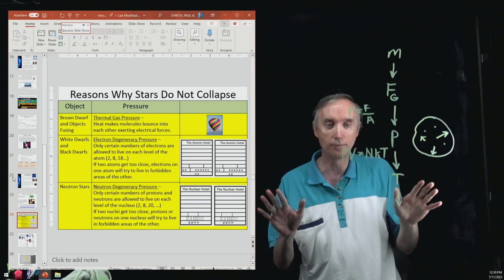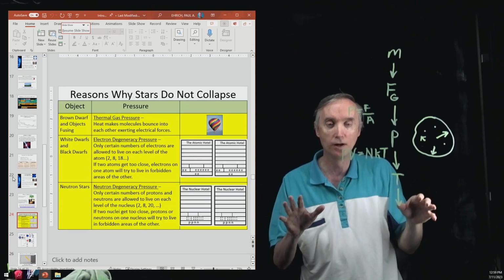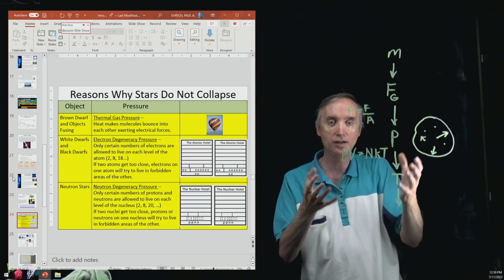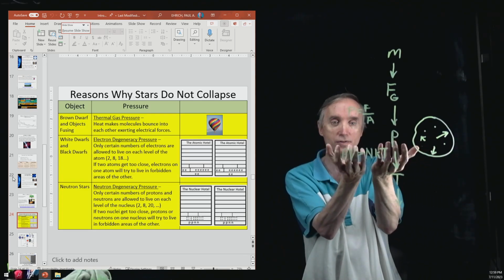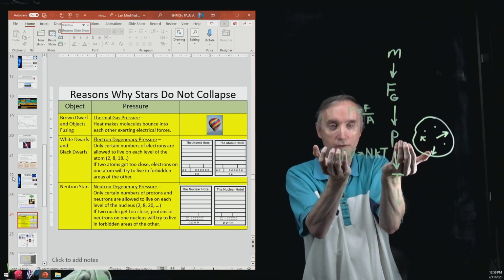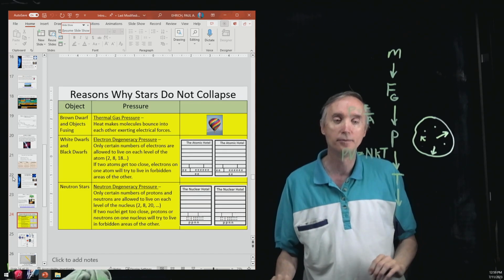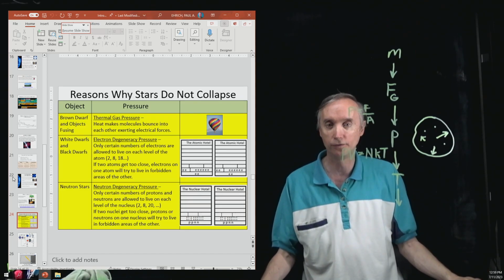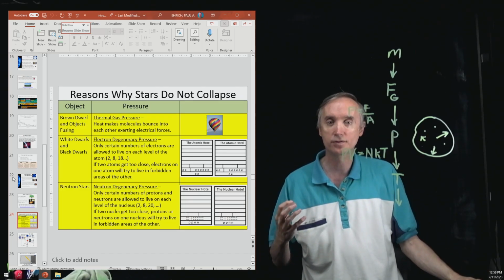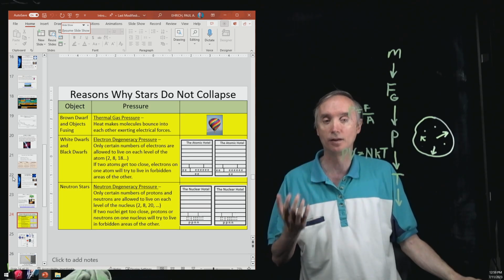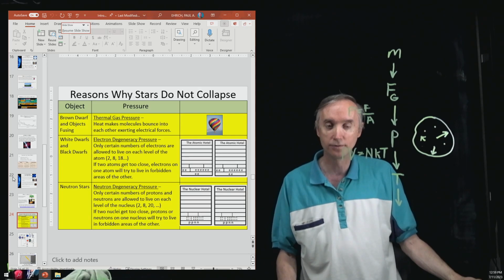So we're full up. We won't allow any more electrons to live with us. So that's going to keep these atoms a certain distance away from each other, because if they get any closer, then electrons would be trying to live in places where they're not allowed to live. So this is going to be called electron degeneracy pressure, because it's the electrons that are determining it.